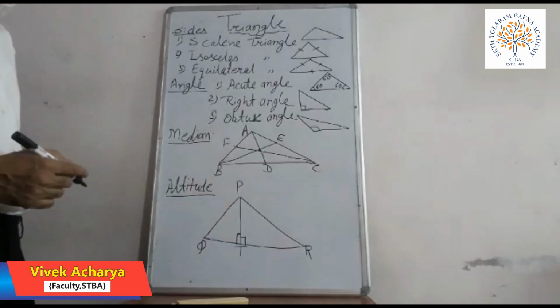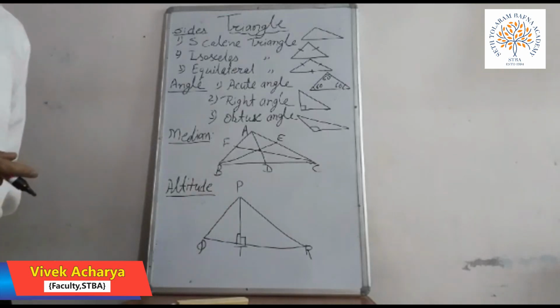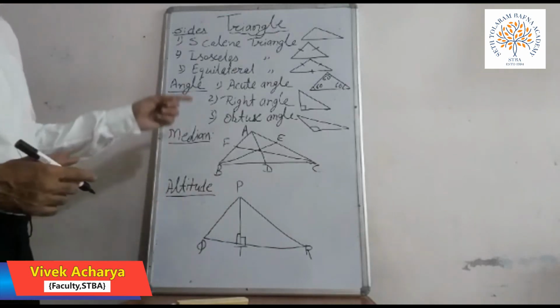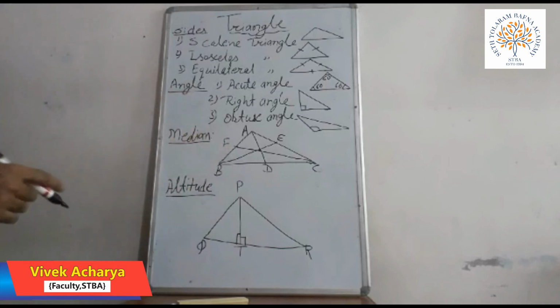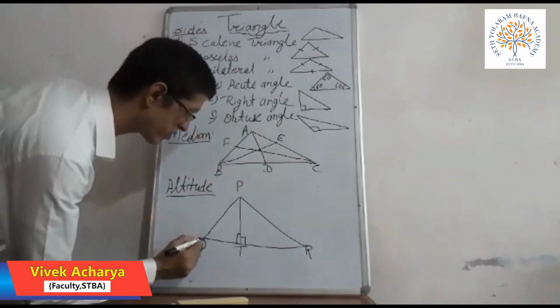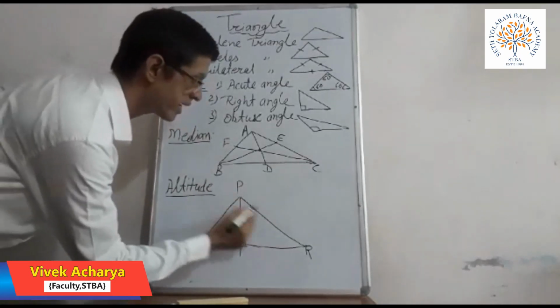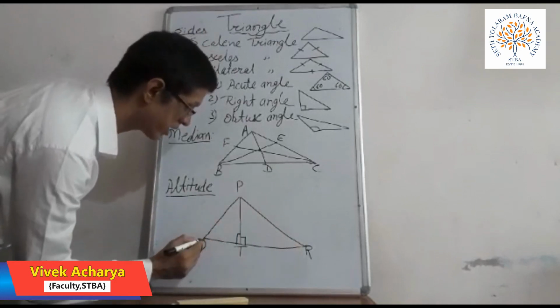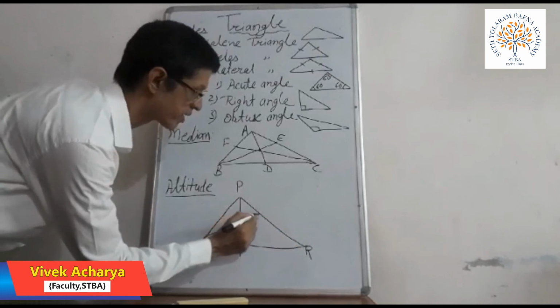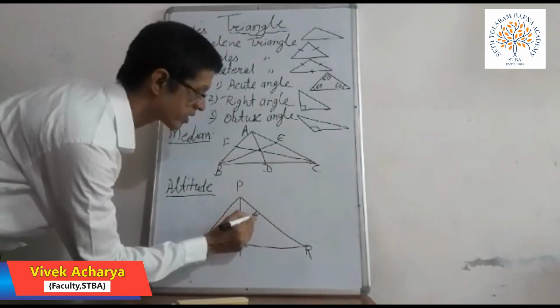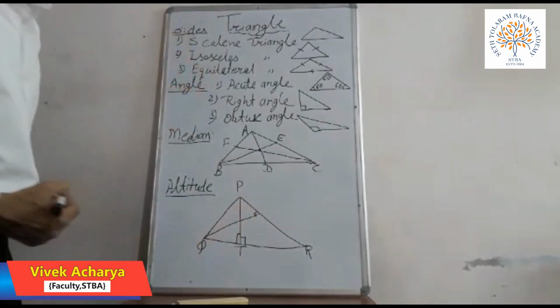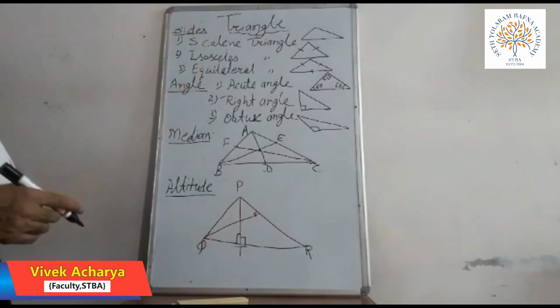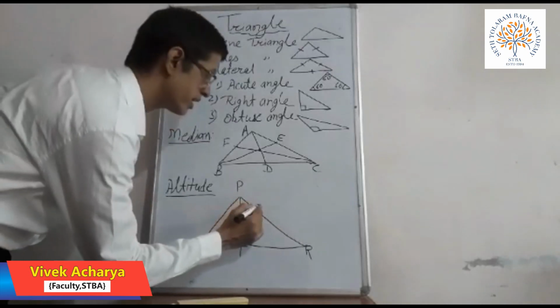Now there are three altitudes, as we have made three medians, so we can also make three altitudes. If I draw a perpendicular from Q on side PR, then it is another altitude, but remember it must be perpendicular, means at 90 degrees. We can give any name.